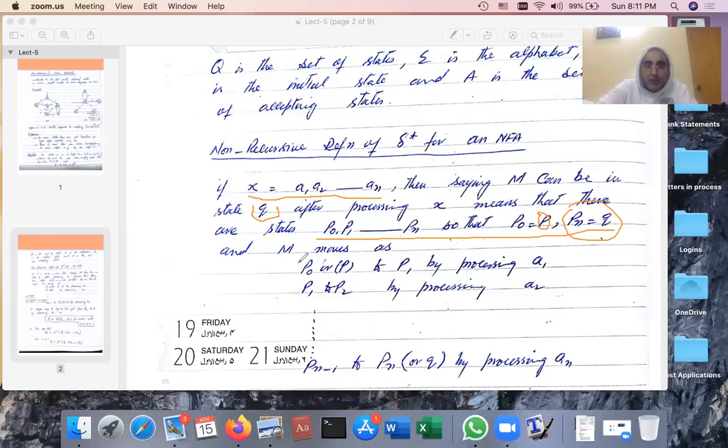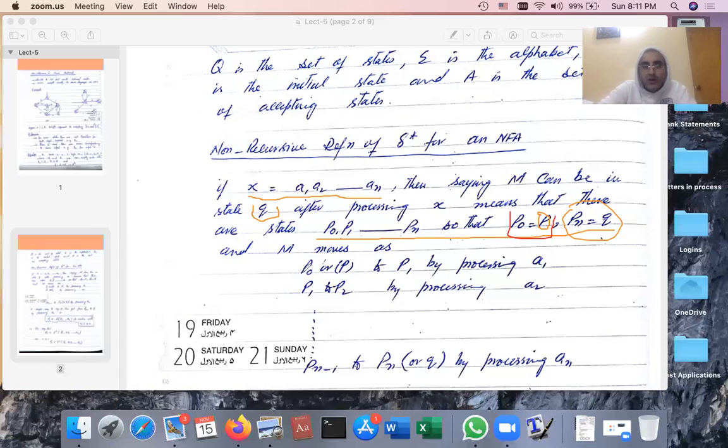So from our previous discussion, we have taken p0 to be equal to p. We are supposing that p0 is equal to p.